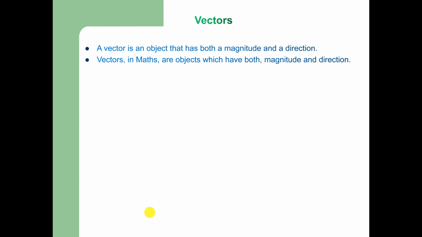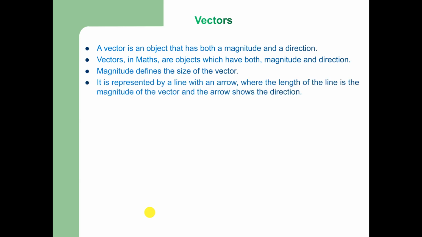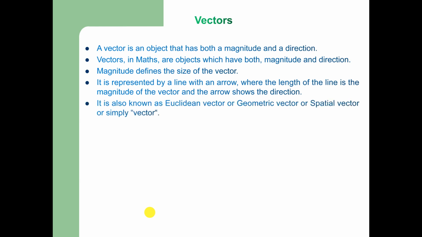Magnitude defines the size of the vector, and it is represented by a line with an arrow, where the length of the line is the magnitude or size of the vector, and the arrow shows the direction of the vector. It is also known as a Euclidean vector, geometric vector, spatial vector, or simply a vector. The direction of the vector is from its tail to its head.